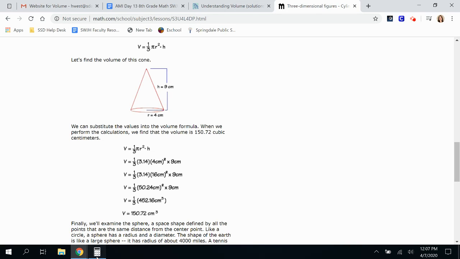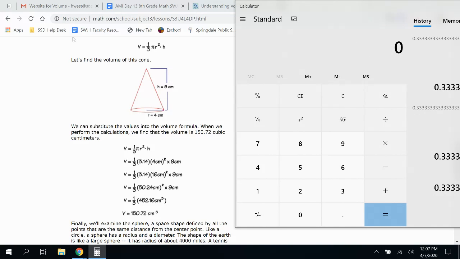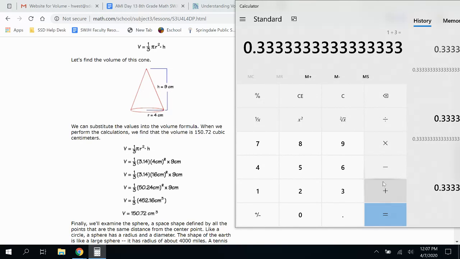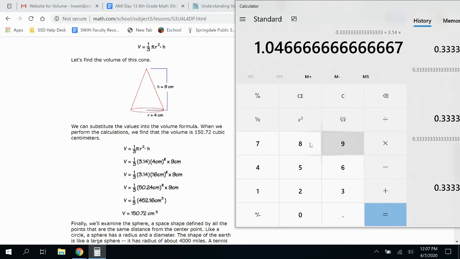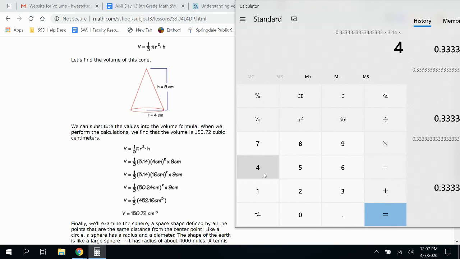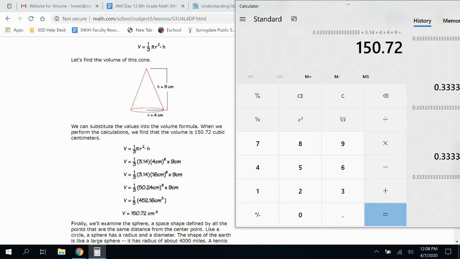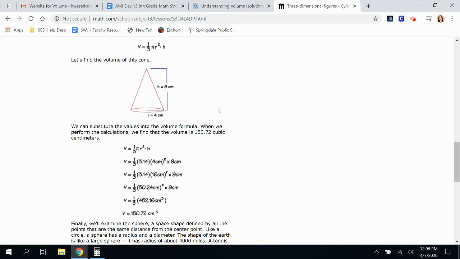If we're going to put this in a calculator, because you don't have a fraction calculator at home, I'm sure, we can just take our 1/3 and divide 1 by 3 and get 0.3333, and then times it by our pi of 3.14, then times it by our radius of 4 times 4 to get squared, and then times it by our height, we get 150.72. So in case you don't have a calculator at home, you can use the calculator on your computer or on your cell phone.